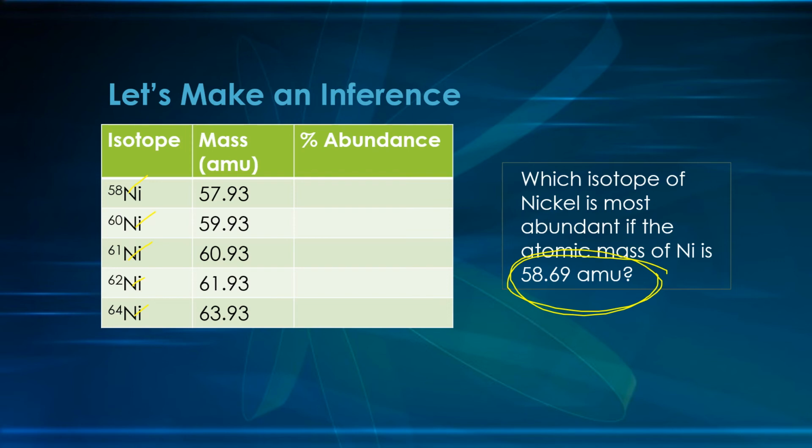Now, if the weighted average is 58.69, which of these do you think has the highest percent abundance? And I'm hoping you said that it was nickel 58 with a mass of 57.93. It has to be the isotope with the highest abundance because the average mass is closest to that number, 58.69.